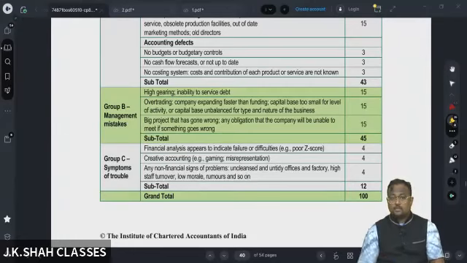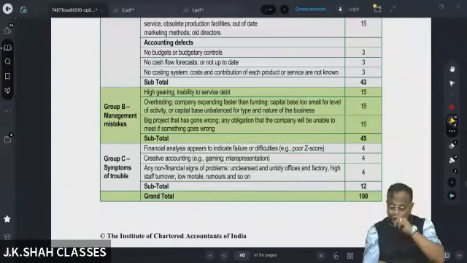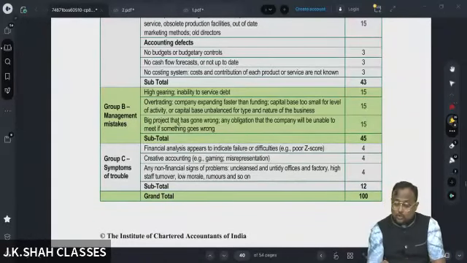हाई गियरिंग, देन ओवर ट्रेडिंग, ओवर एक्सपांशन, you may also take a decision regarding big projects.